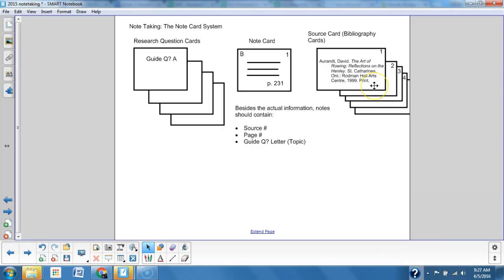So if you were doing cards, you would make 12 cards, 1 through 12, and then again, if you add some, subtract some, you're always going to add the number to it. You're not going to say, hey, number 2 I'm not using, and then bring in a new number 2. You would just hold on to number 2, maybe put an X in it that you're not going to use it necessarily, but just hold on to it for the time being, and then add a 13 if you add another source.